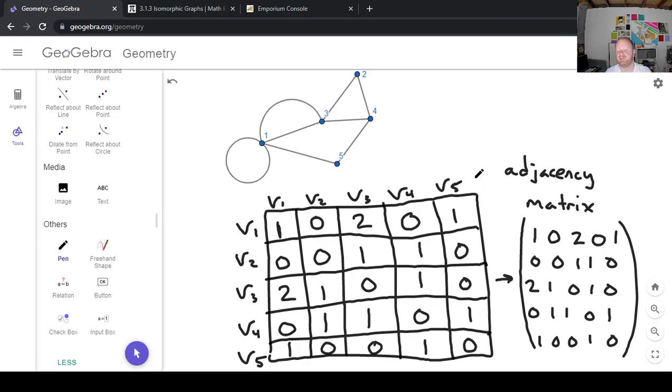Right. So this is our adjacency matrix for this graph here.